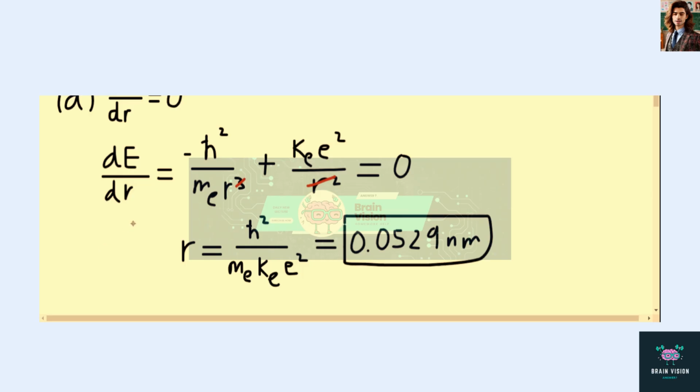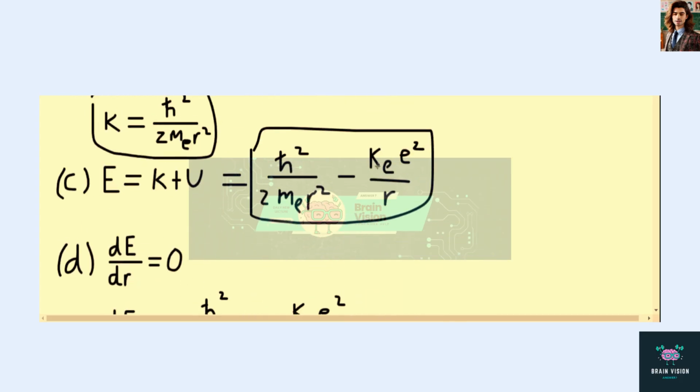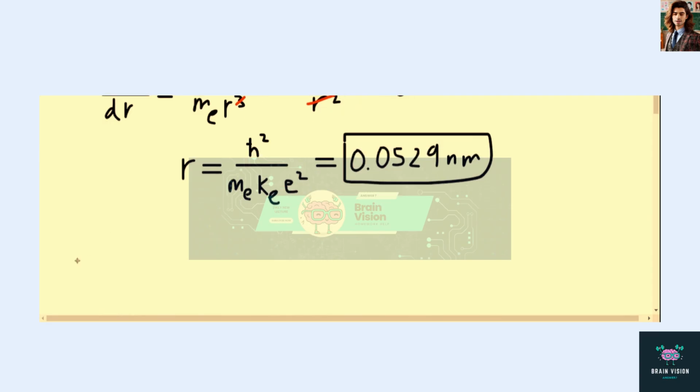Part E wants us to calculate the value for the energy. So now that we know r, if we go back up here, we have this expression for energy. Everything in this expression is just a constant except for r, but now we know the value of r, so we simply plug that in and get a value for the energy. Doing that, we find the energy is equal to negative 13.6 eV, electron volts.